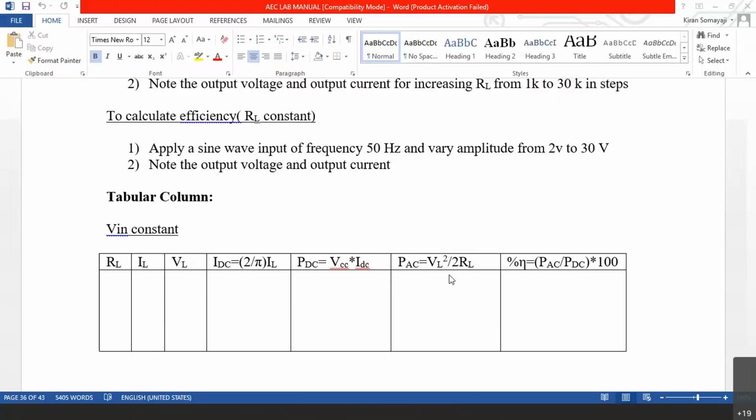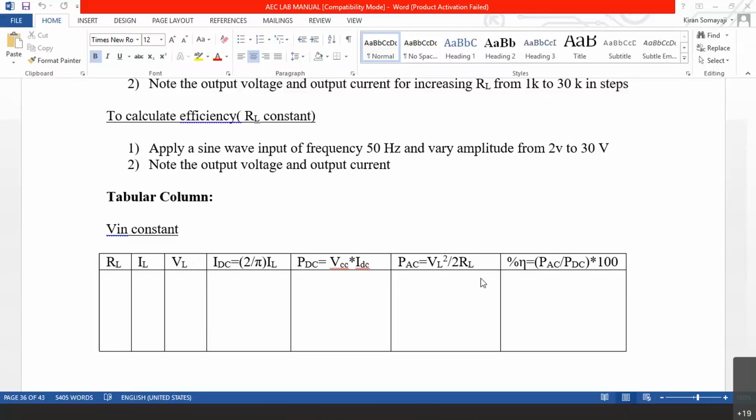Now, AC power is calculated and DC power is calculated. So, by means of this, we know the input power is DC, output power is AC. So, efficiency is output power divided by input power into 100.